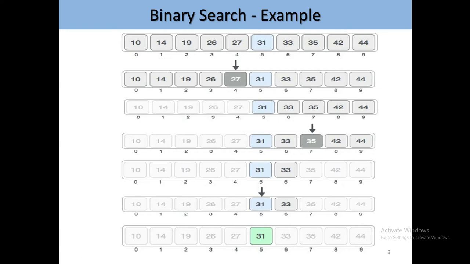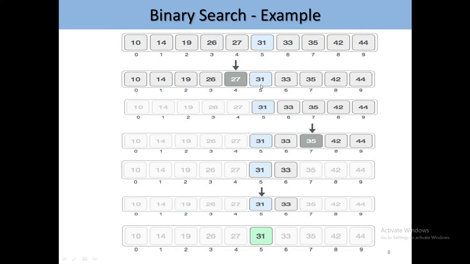So 27 is now the midpoint of our array, and let us say we are searching for the element 31. Our key is 31. So now this 31 is compared with 27. As 31 is greater than 27, we will simply ignore this first part, and now we will concentrate on the greater half of our array.